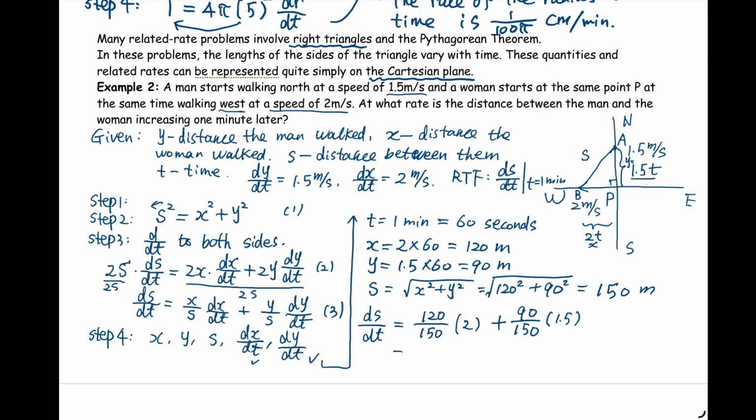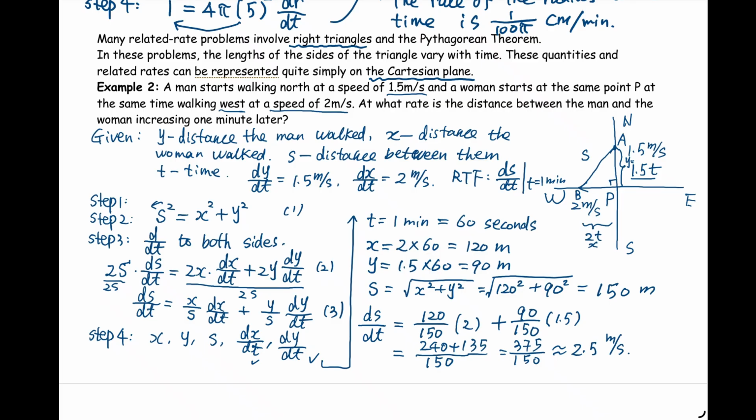So we do the calculation, 150 in the denominator, 240 plus 135 is 375 over 150, which is roughly 2.5 meters per second.